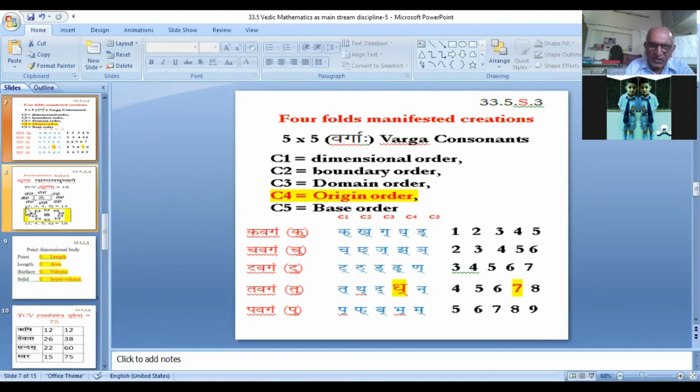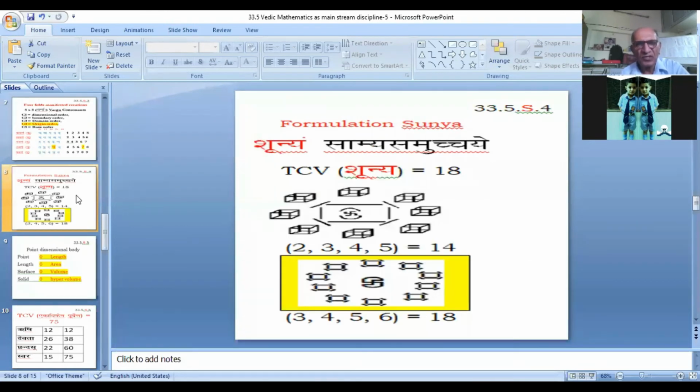Glimpsing of the origin is the end fruit of initiation in terms of the 4th letter. From this phase and stage, when we'll enter the next phase, it is going to be the phase of being face to face with formulation shunya.